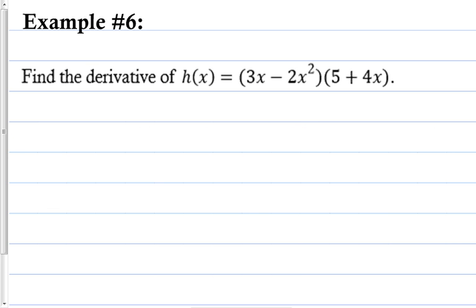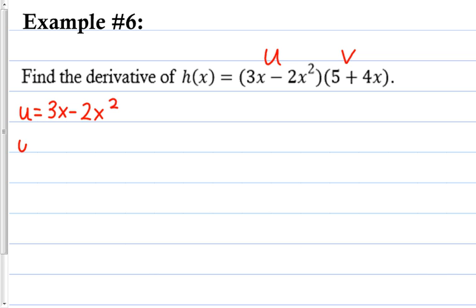All right, example 6. Same thing. Find the derivative of h of x. Here I have two things being multiplied. So I'm going to call this u, and I'm going to call this v. And I'm going to set it up for myself because I want to make sure that I plug in the stuff correctly. So u is 3x minus 2x squared.